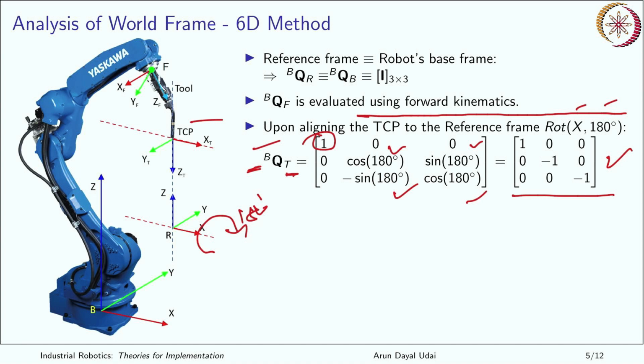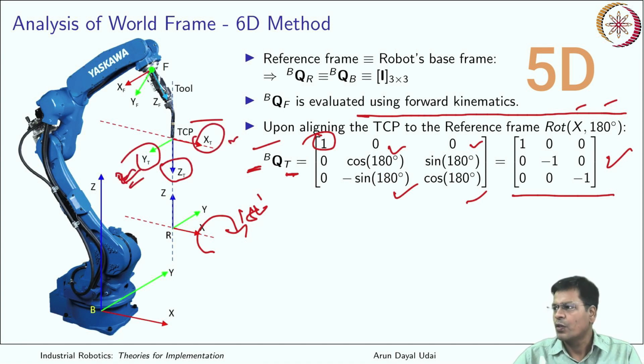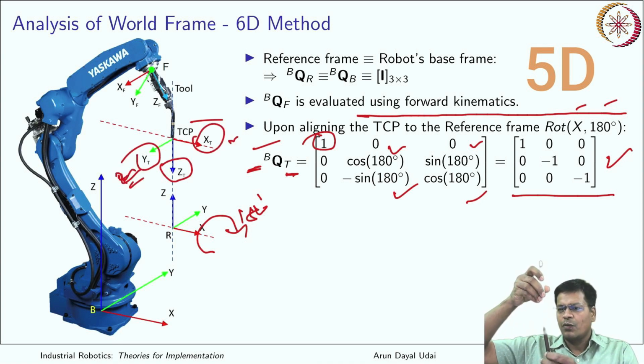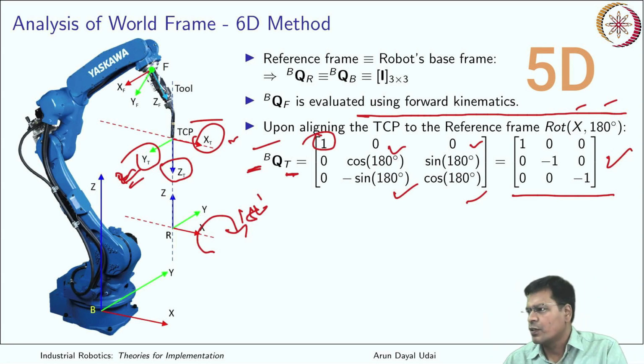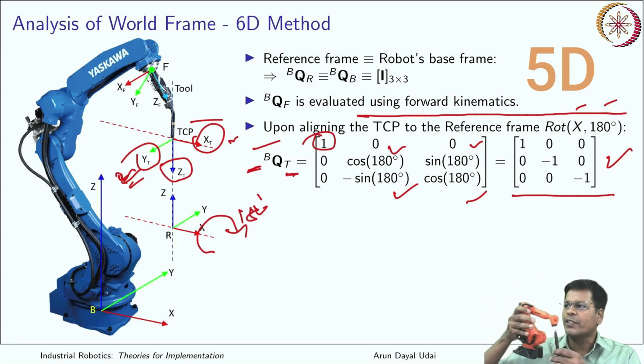So now let us come back to your 5D method. Once you align this, you didn't bother whatever orientation you are aligning to your tool frame. You have made your tool frame in whatever way, so you have aligned.